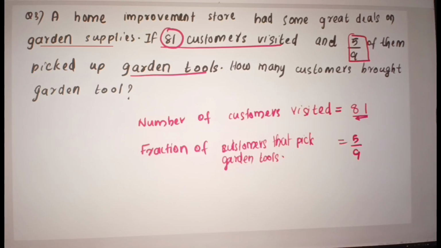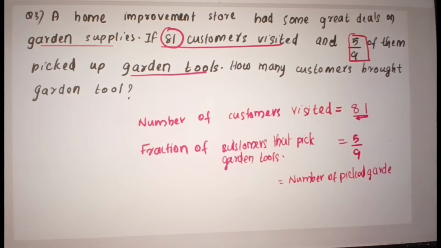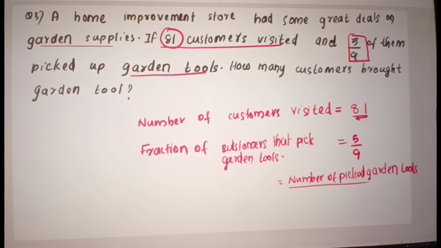So the numerator means the number of customers who pick garden tools, over the total number of customers visited.